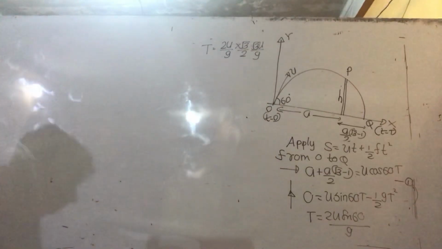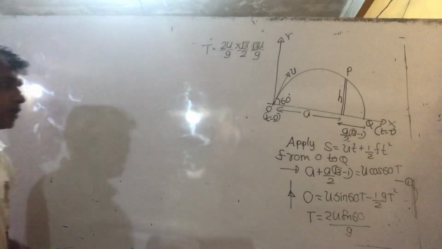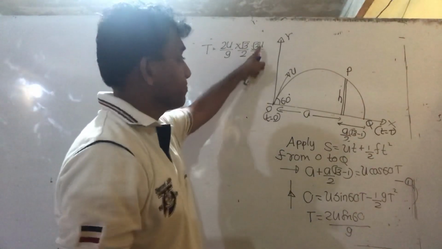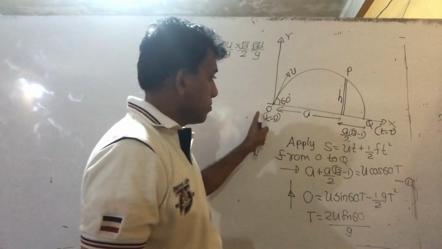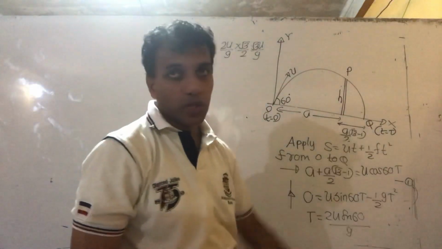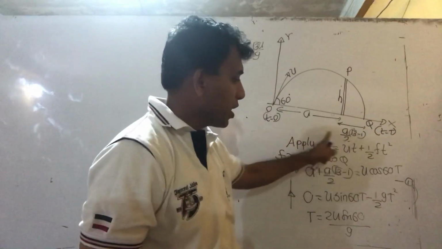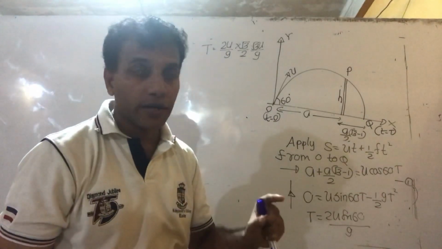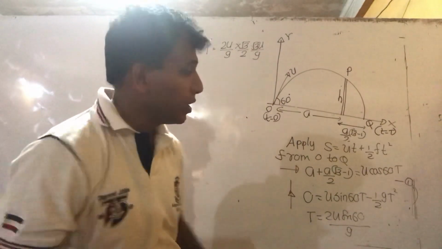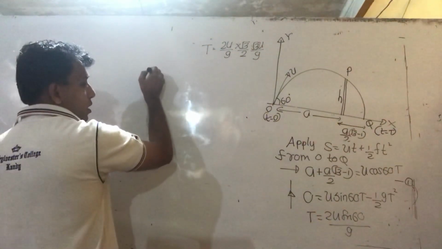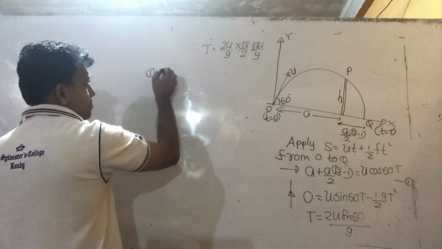This is the time taken to hit the ground; the horizontal range is also given. Now we have the first equation. You know the T answer, and you can find u, but u is unknown, so go to the first equation and simplify.